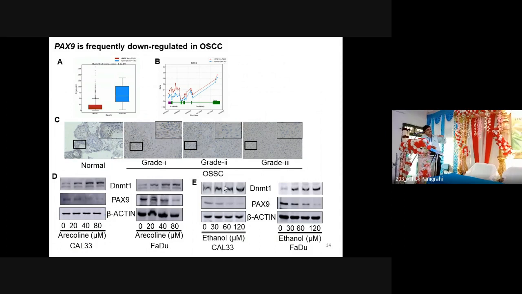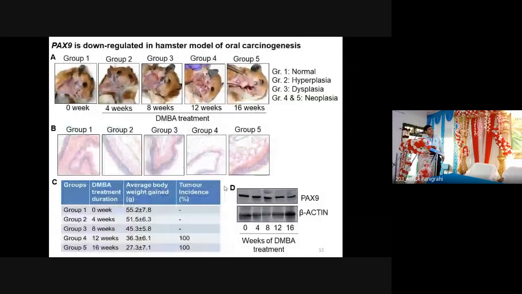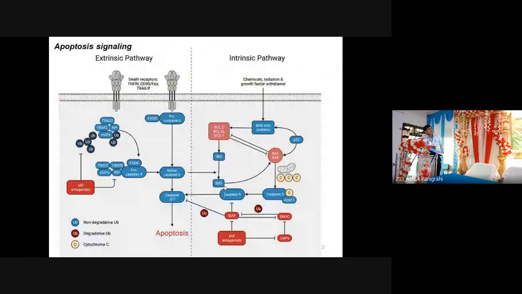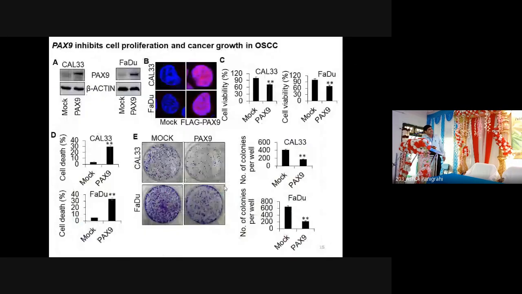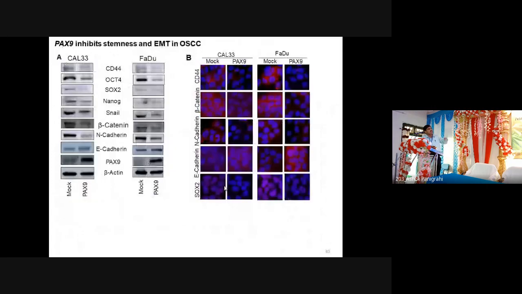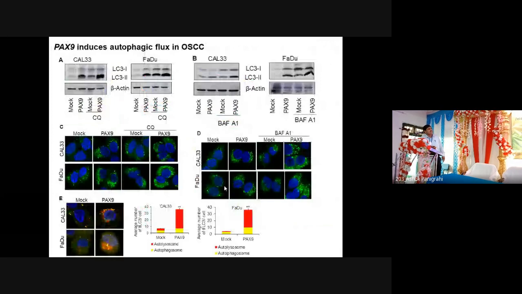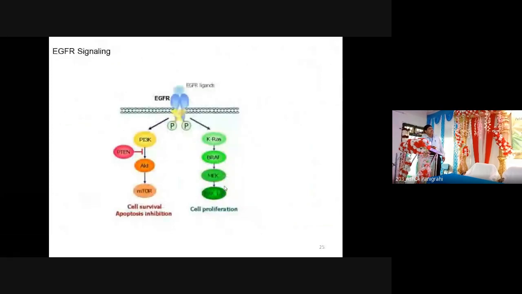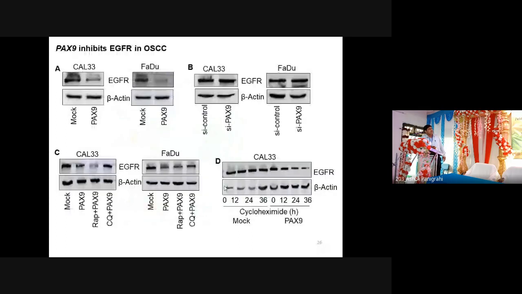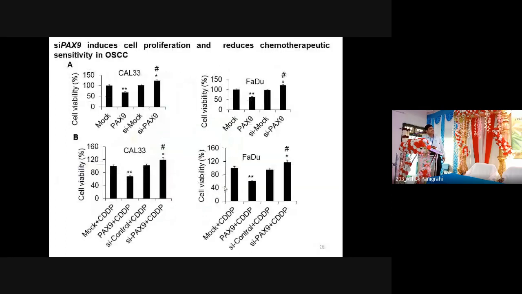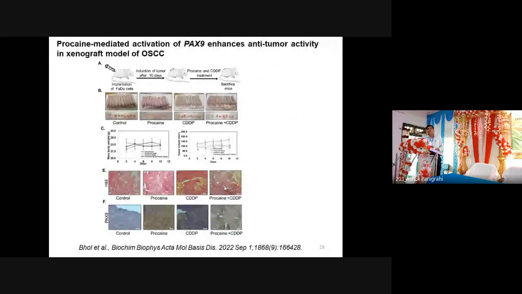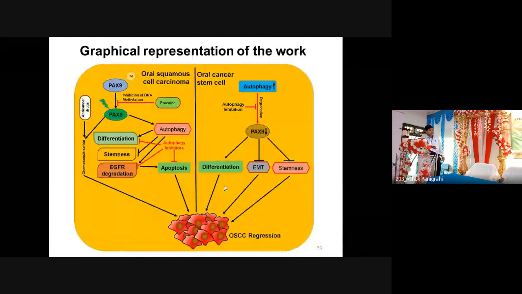We did many more studies, a lot of work. We studied autophagy, how it affects the stem cells, everything. Finally, in the in vitro assay, we inhibited the survival gene so that there is no cell death, and at the early stage we can save lives. We also performed the mice model, and this is the summary slide.